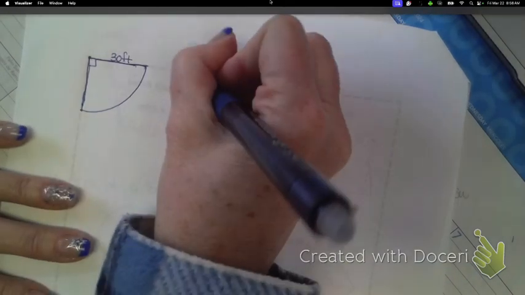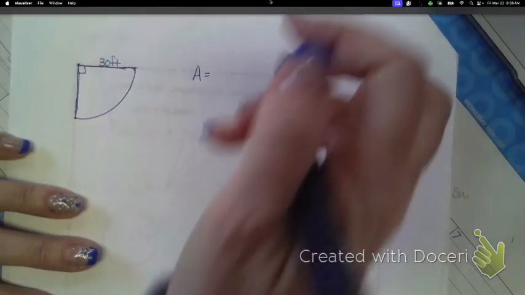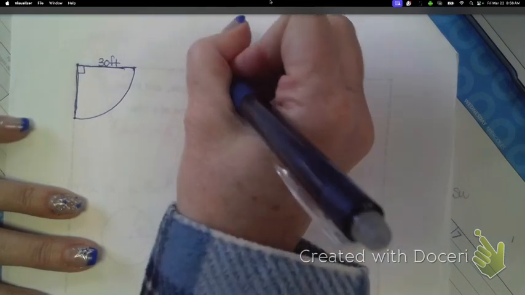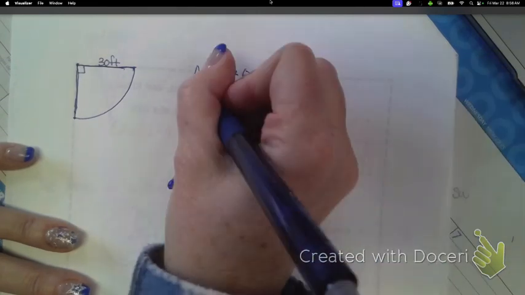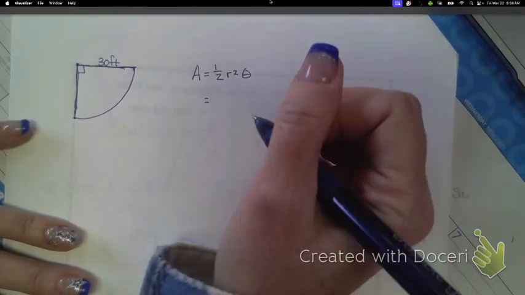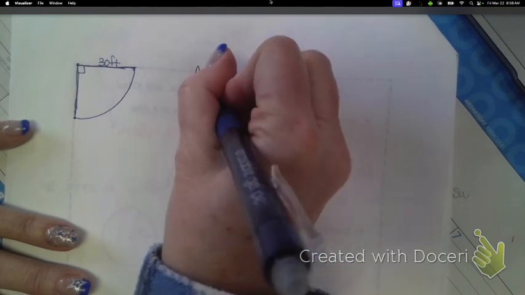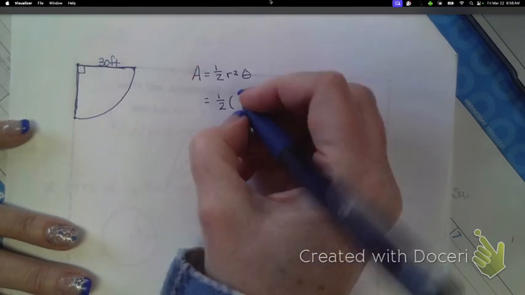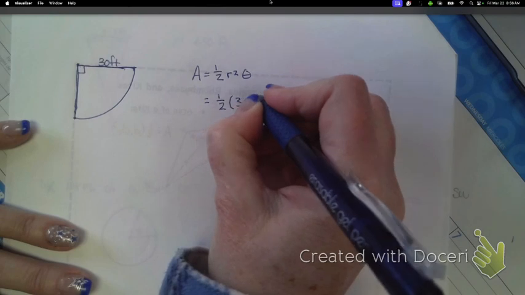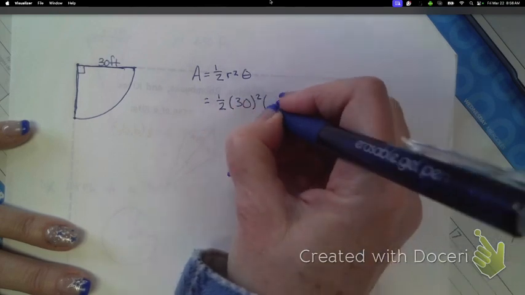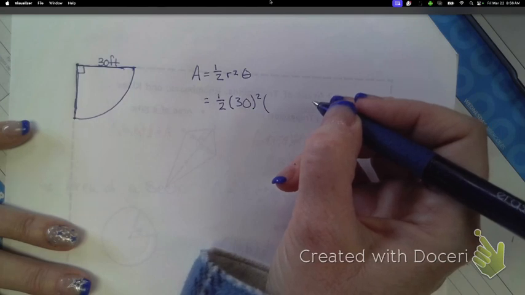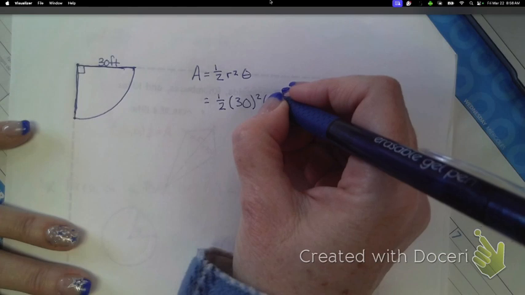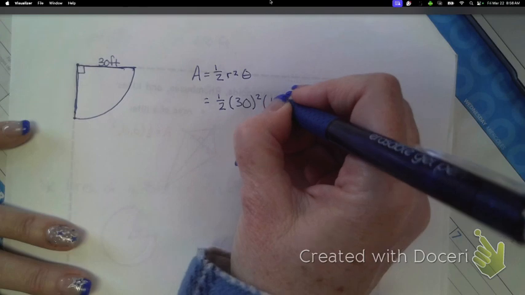So A equals, can you guys remember it? 1/2 r squared theta. Theta has to be in radians. Okay, 1/2. What's r? 30. So 30 squared. What's theta? 90, so it's pi over 2.